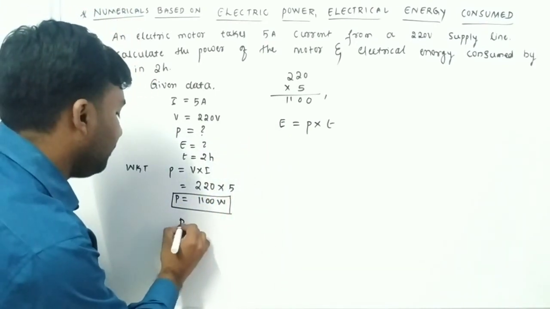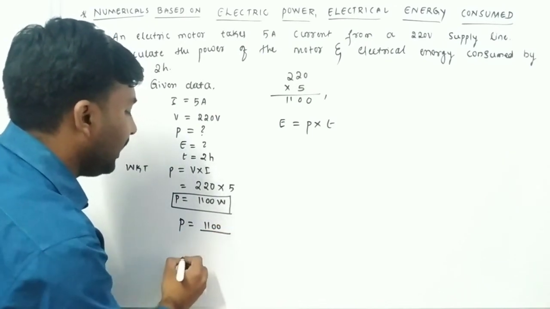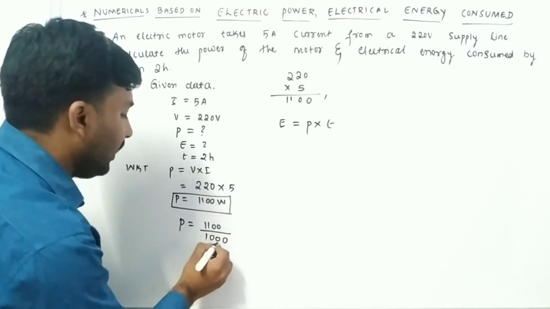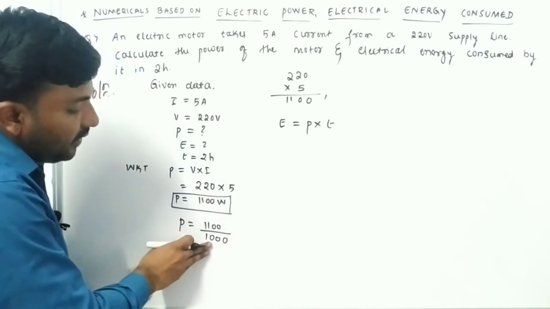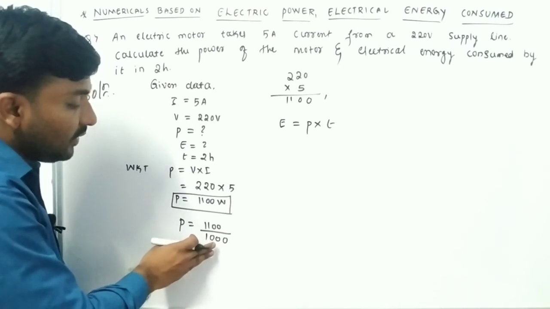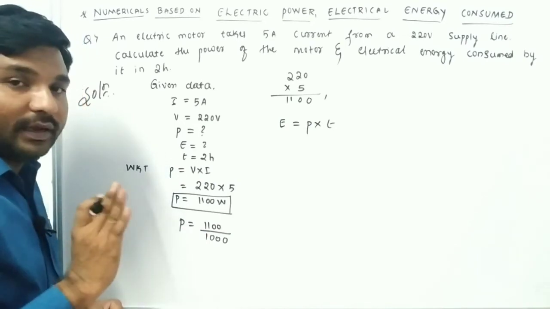Therefore P is equal to 1100 divided by 1000. In the denominator we have 3 zeros, so in order to remove these 3 zeros, I have to place the point in the numerator after 3 digits.